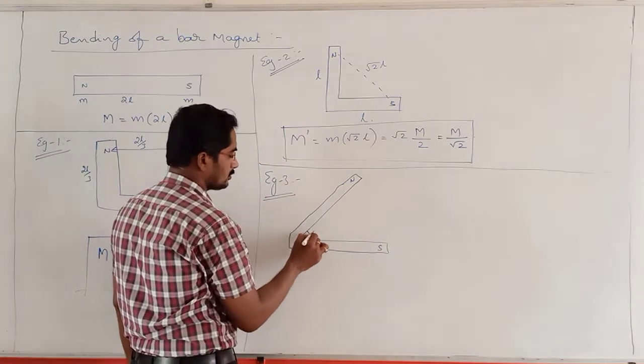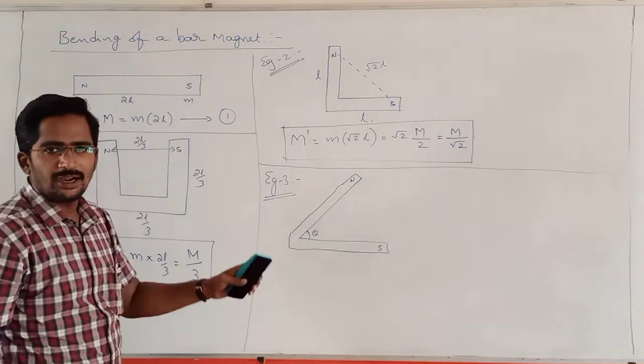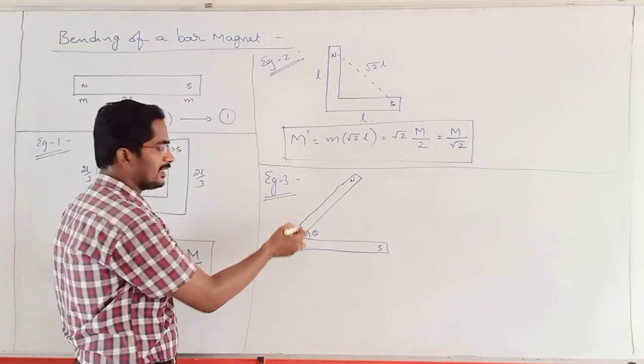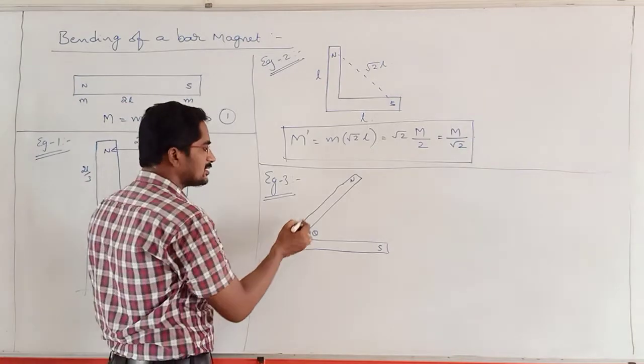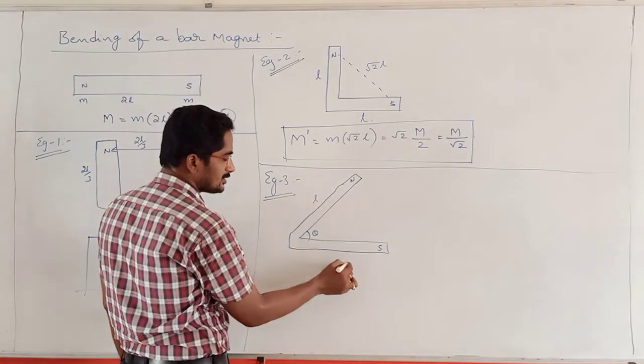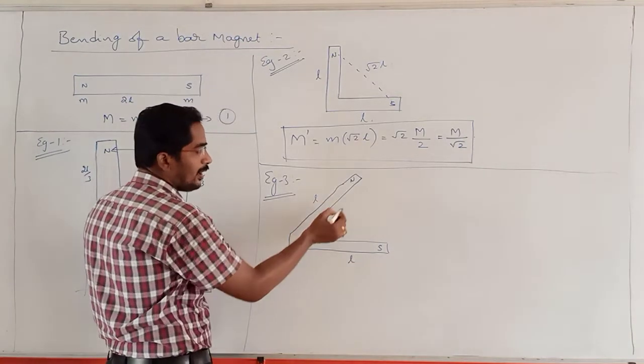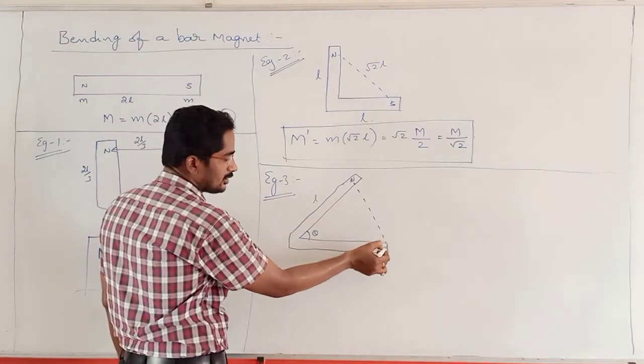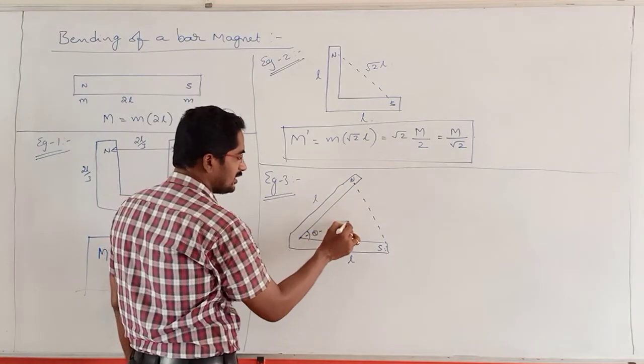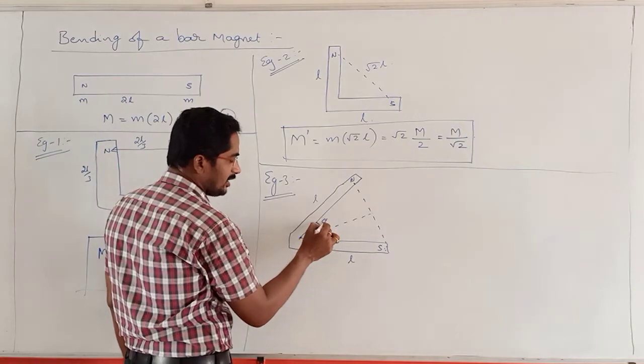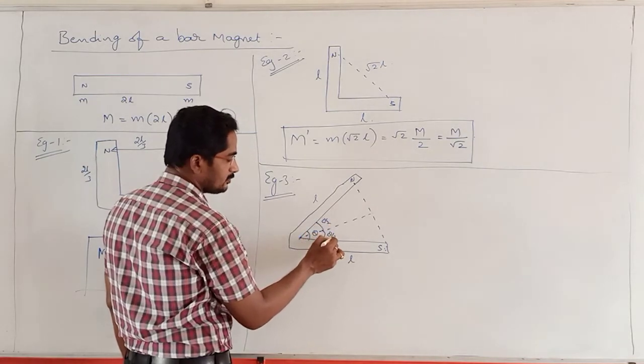At the midpoint of that magnet we bend like this at an angle of theta, so that its length is L, and its other length is also L. What is the shortest distance between north pole and south pole? This we want to get. For that, this angle is theta by 2, and this angle is also theta by 2.